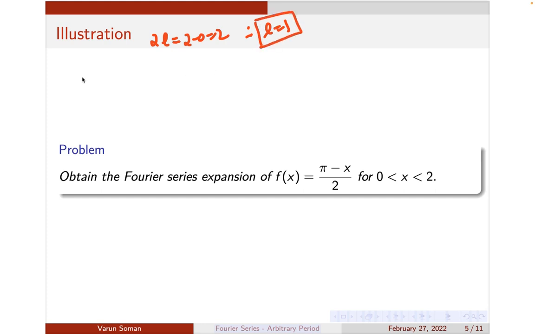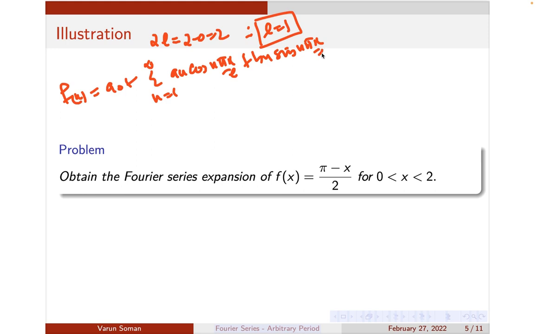So what's the formula now? The formula is f of x equal to a0 plus sigma n equal to 1 to infinity of an cos n pi x by L plus bn sin n pi x by L. In some textbooks they also use the formula a0 by 2, just like the 2 pi periodic case.